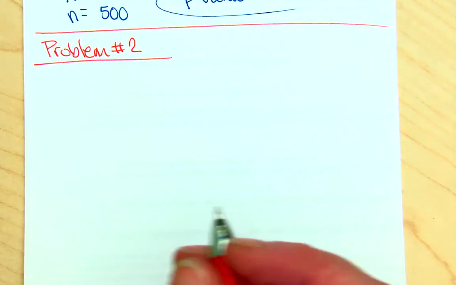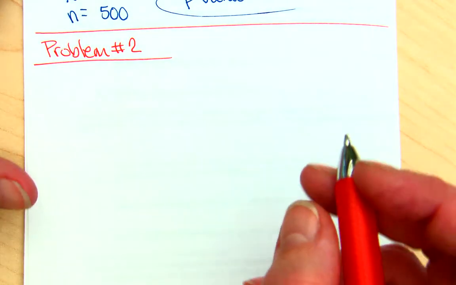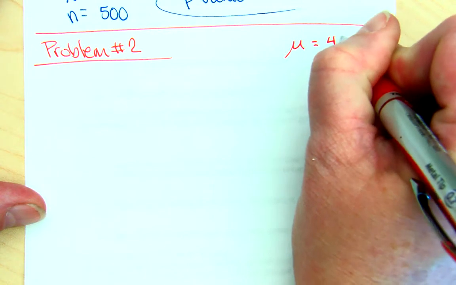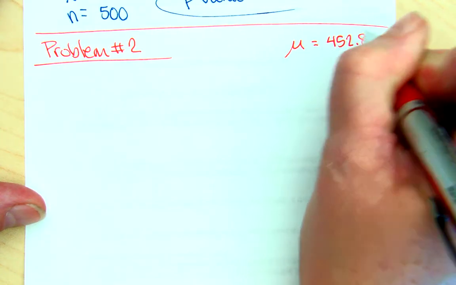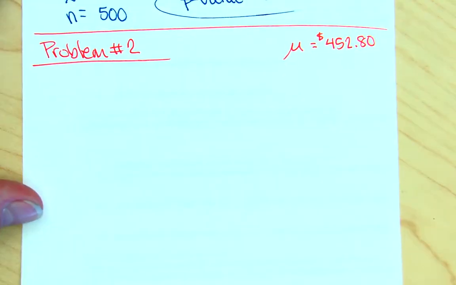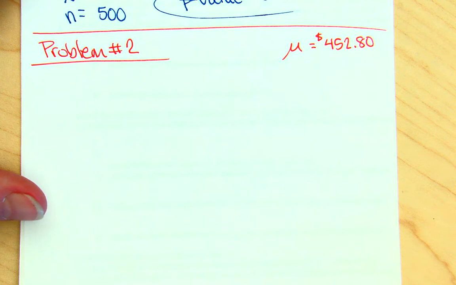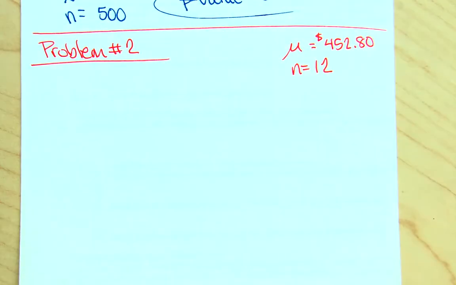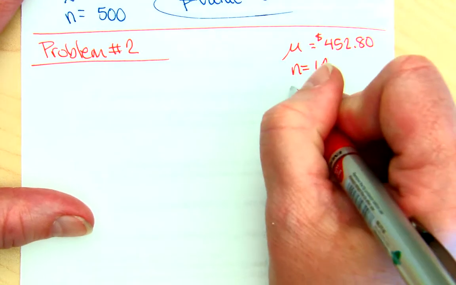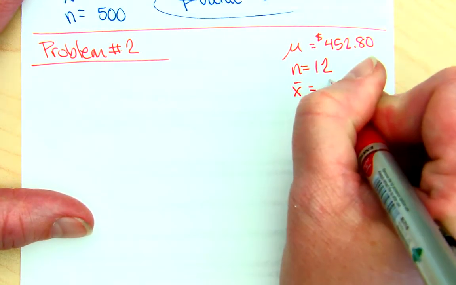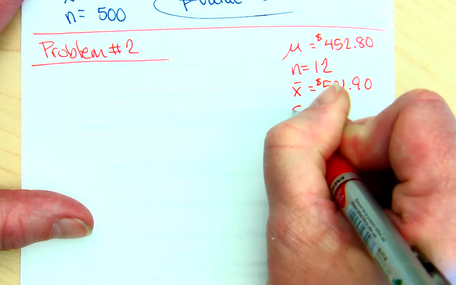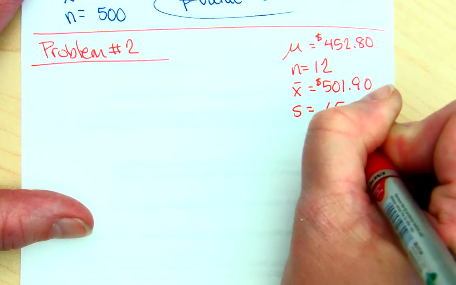So he said the average sales is $452.80. So he's selecting 12 days at random for the next month, and the mean of those 12 days is $501.90, and the standard deviation is $65.